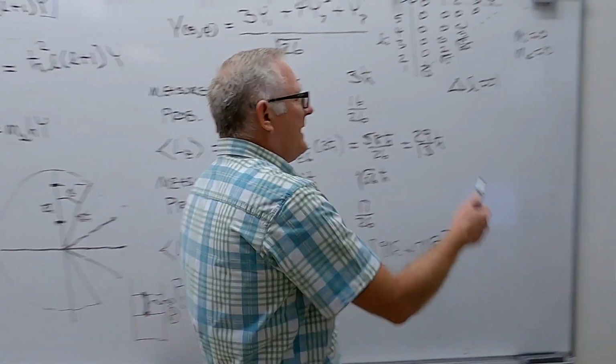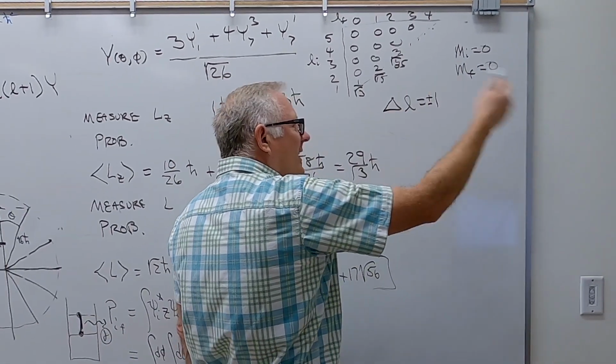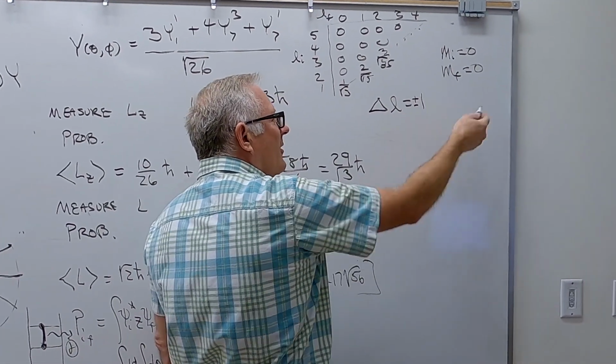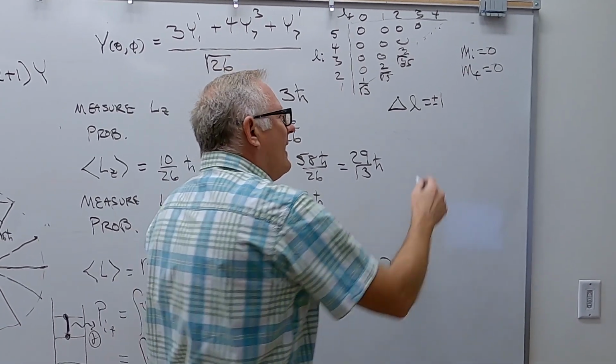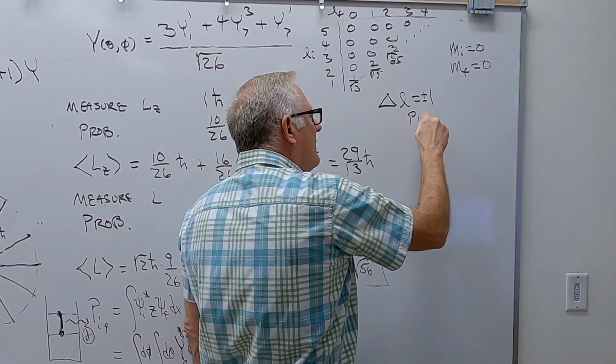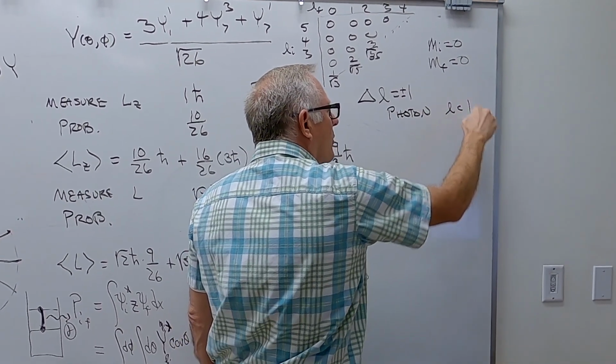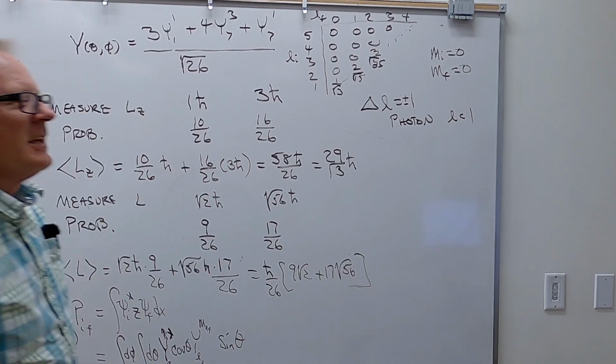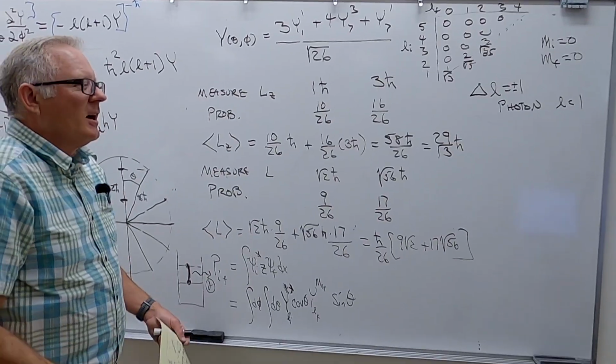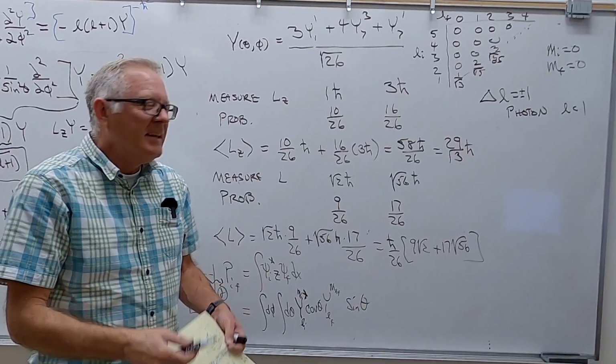If you're getting rid of angular momentum, it's got to go somewhere. That tells me the photon that was emitted has L equal to 1. And didn't we say that before? We said a photon was a boson. It had an integer spin.